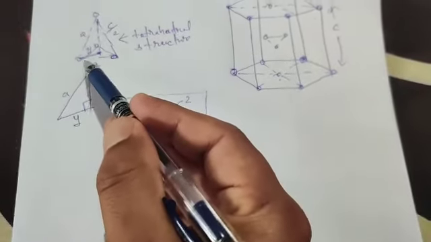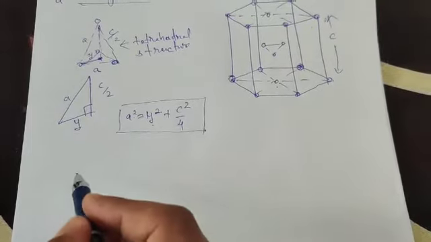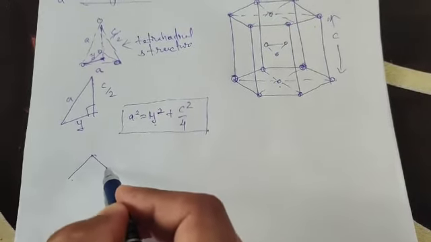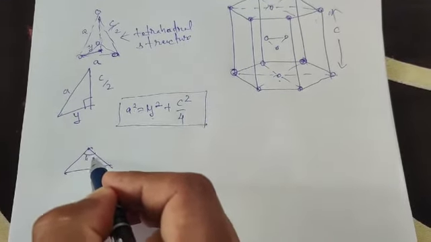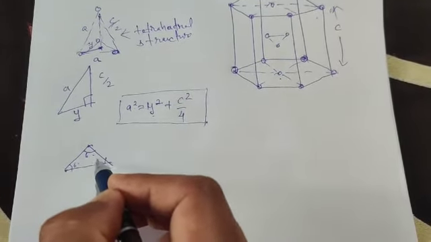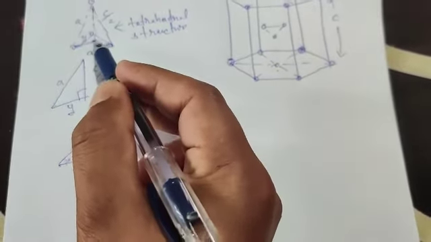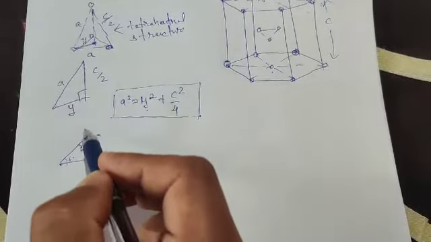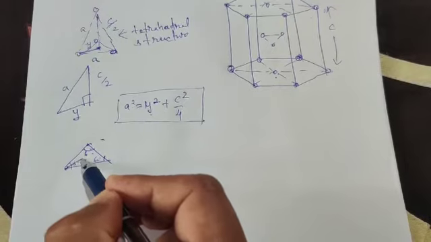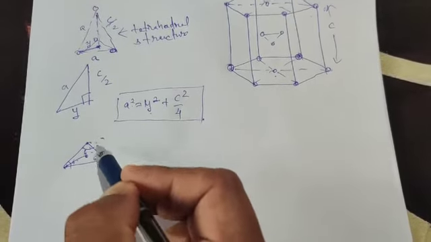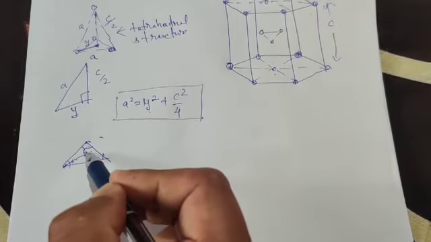For this Y we are considering this equilateral triangle. In case of an equilateral triangle, this angle is 60 degree, this will also be 60 degree, this will also be 60 degree. We are taking a perpendicular, Y is like here, in the middle, and let us consider a perpendicular bisector.